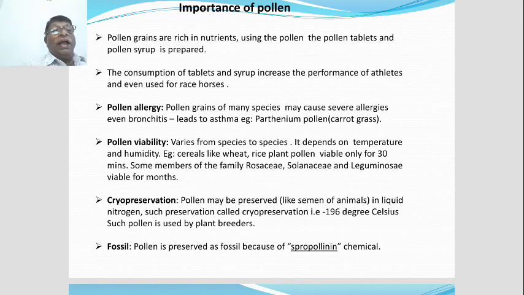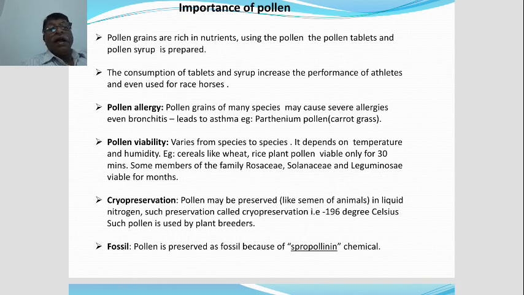And it always depends on the temperature and humidity. For example, if you examine some cereals like wheat and rice plant, pollen is viable or living only for 30 minutes.